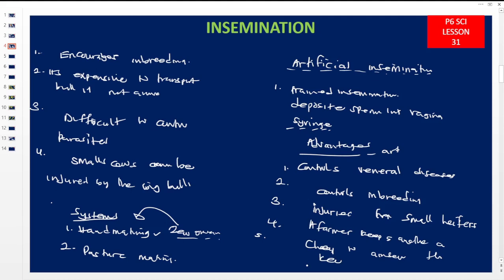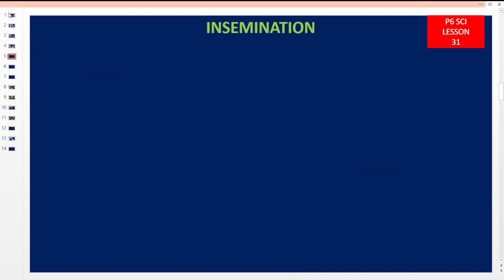Cheap. And again, sperms from dead good quality bulls can still be used. The bull might have died a long time ago, but the sperms were preserved. Alright, so it is very advantageous, but again it has some disadvantages to the animals.